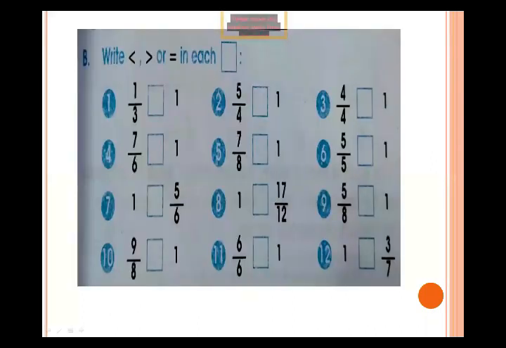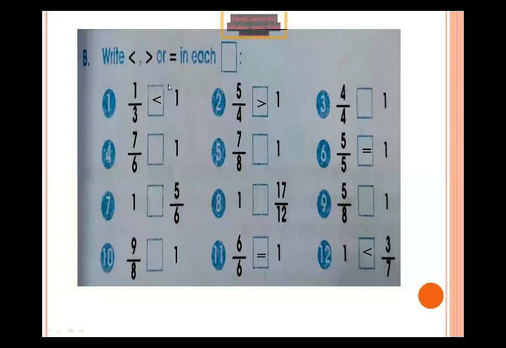Now, from the same page, exercise B. The question is: write less than, greater than or equal to in the empty boxes. The page number is the same, 41. I already solved a few questions for you for the exam, as examples. See, 1 upon 3, question number 1.